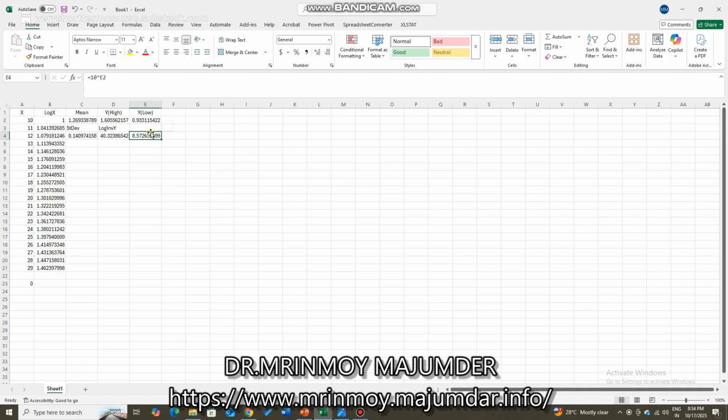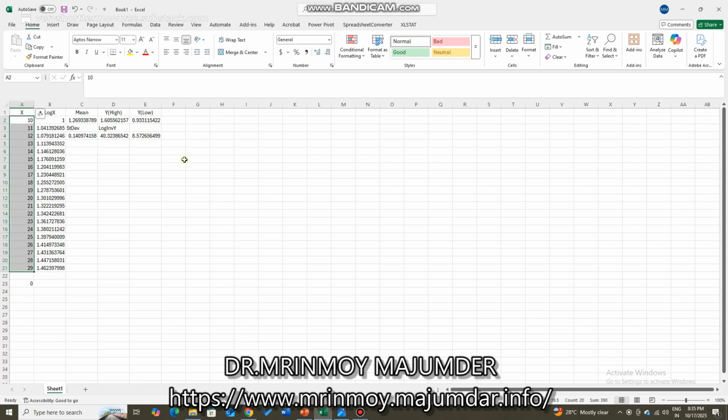Similarly, the low value is 8.572. Anything less than this 8.572, you have to delete. But there is no value less than 8.572 because the data set starts from 10 and finishes at 29. So the lowest value is 10, the highest value is 29. So no value is more than 40, no value is less than 8.572. So the data set has no outlier, it will remain as it is.